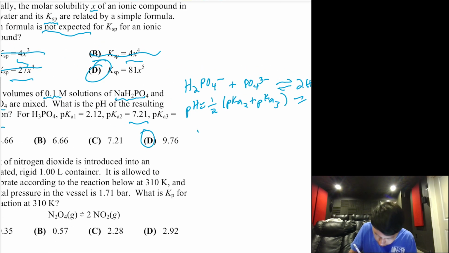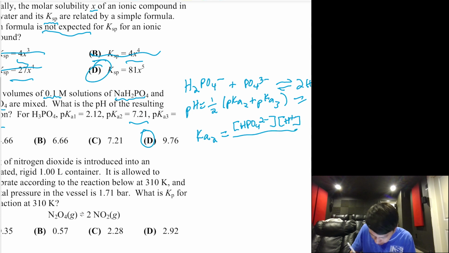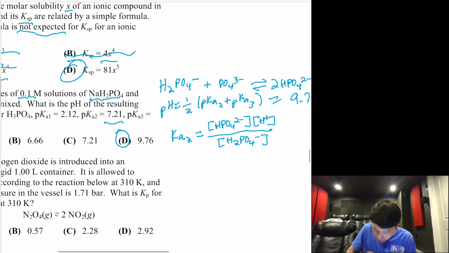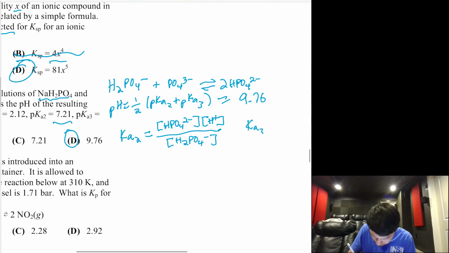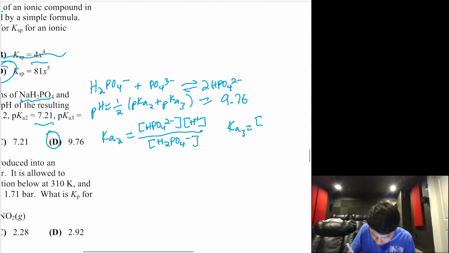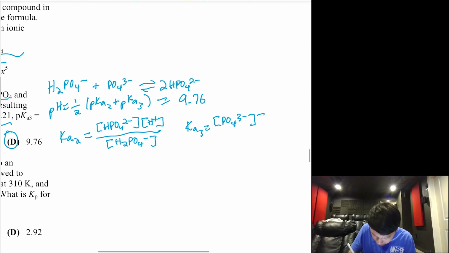So we know that Ka2 for phosphoric acid is going to be equal to the concentration of HPO4 2 minus times the concentration of H plus, all divided by the concentration of H2PO4 minus. We also know that Ka3 equals the concentration of PO4 3 minus times the concentration of H plus, divided by the concentration of HPO4 2 minus.